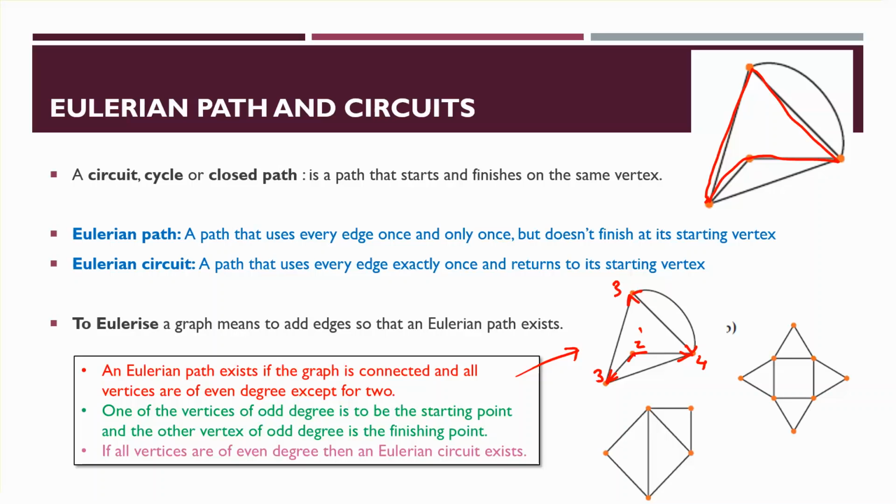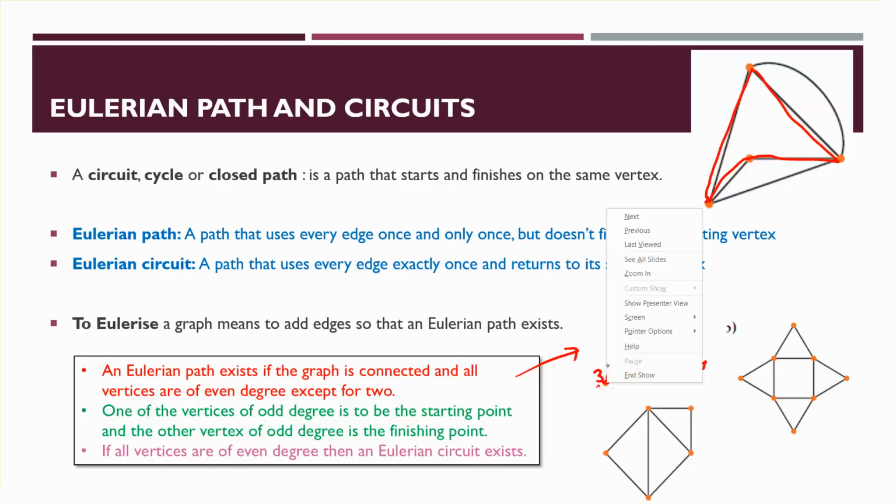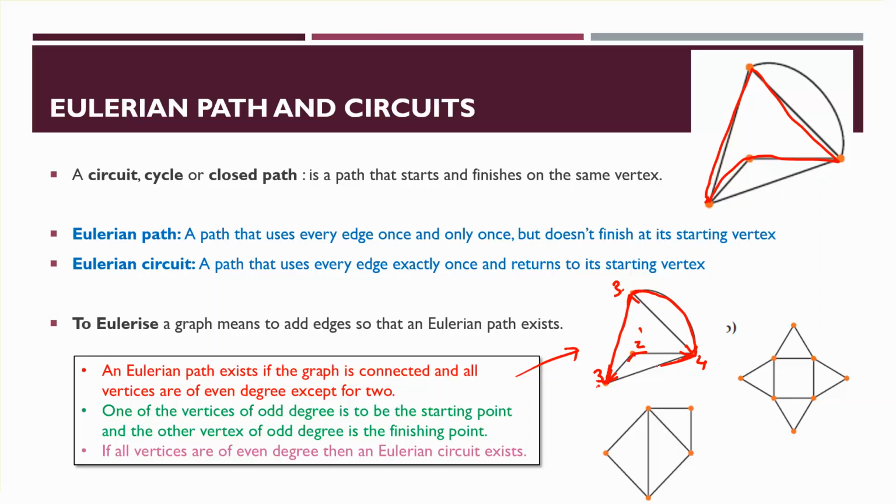Looking at the green point here, one of the vertices of odd degree has to be the starting point, and the other vertex of odd degree is the finishing point in a Eulerian path. So if we start here, then here has to be the end point. Let's have a go. I'll start here, so there, there, there, there, there, there. Every edge has been used. I started here, I finished here.